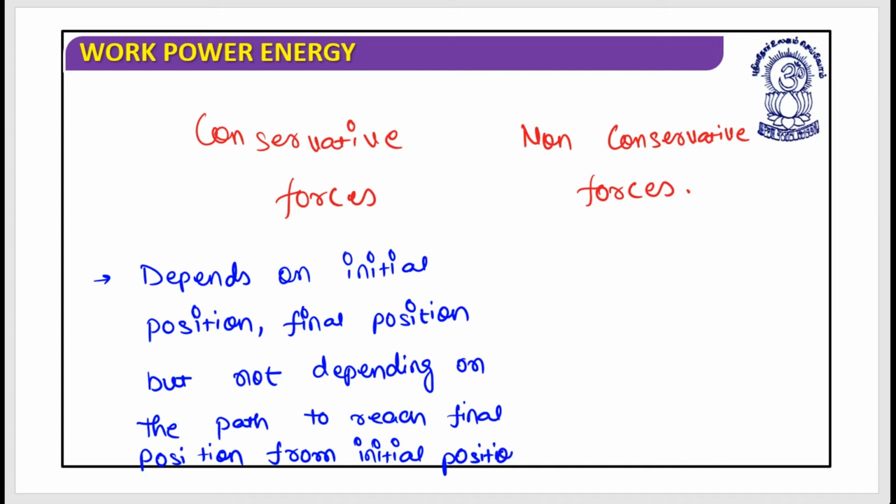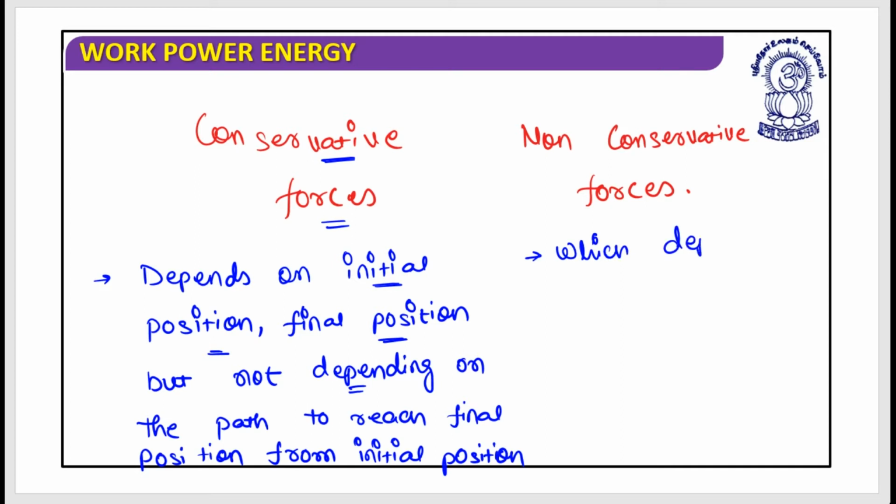So these are the forces which depend on the initial position and the final position, but not on the path. These forces are the conservative forces.